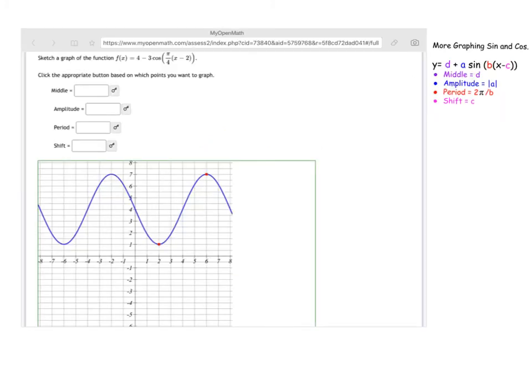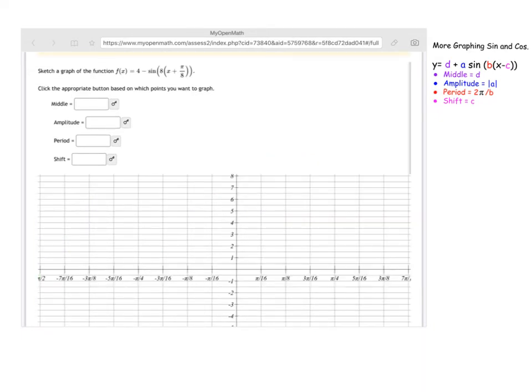Okay, we're going to take a look at 4-11 homework now. This happens to be number 5. And when we're doing this, what we really want to do is find the middle, the amplitude, the period, and the shift. So if we look over here, this tells us how to get all these numbers. The first thing I'm going to do is find the middle. The middle is just the D value, so the number out in front, so my middle is going to be 4.